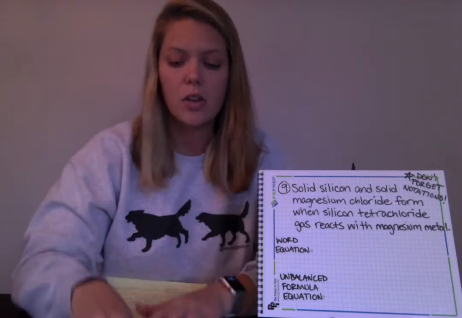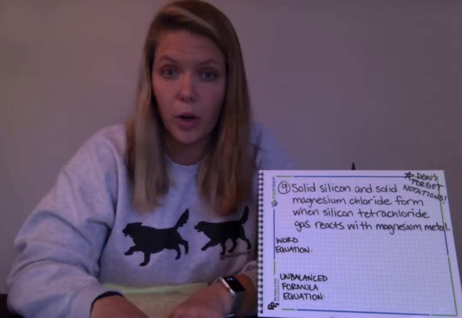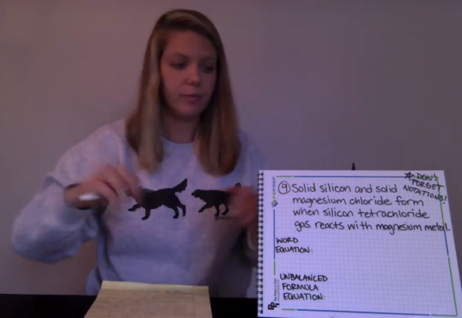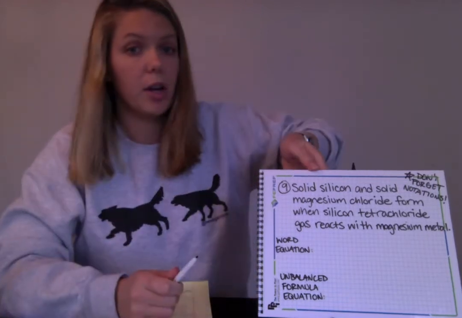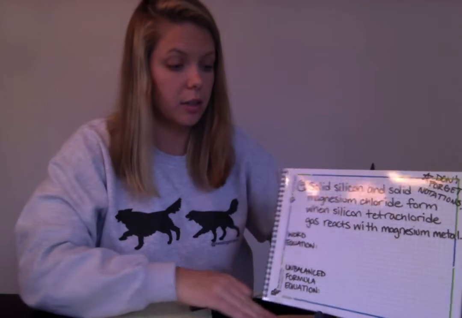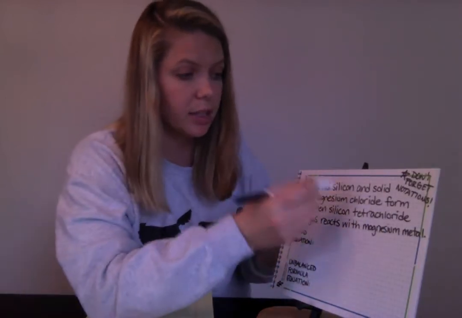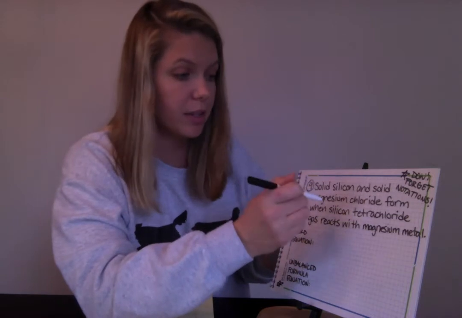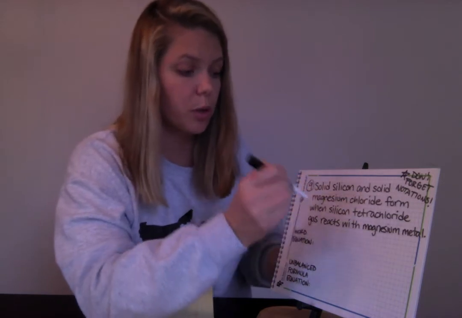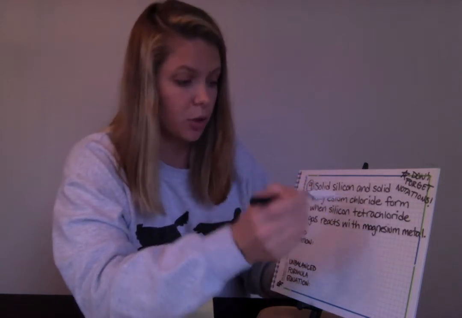So here we go. We're going to write our word equation first, following along with what they tell us. We have solid silicon and solid magnesium chloride form when silicon tetrachloride gas reacts with magnesium metal.